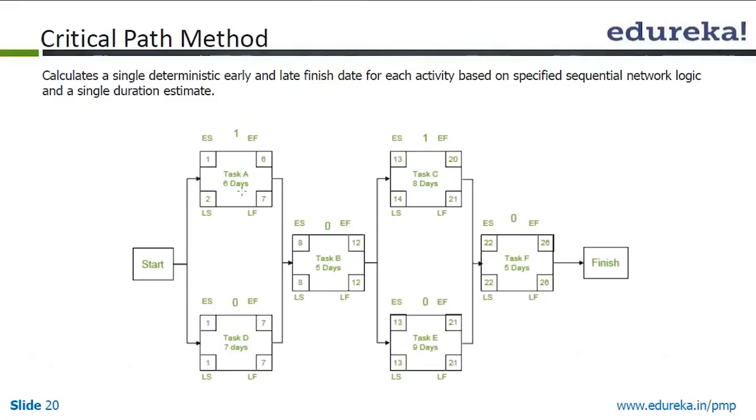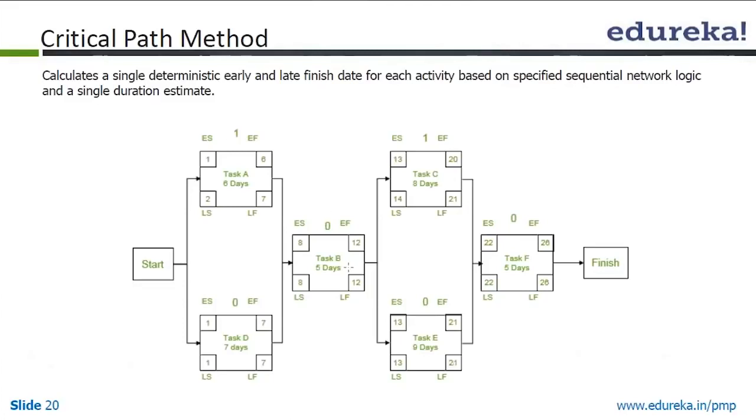So this task will be completed at the end of the 6th day. Similarly, for the parallel task we calculate 7 plus 1 is 8, minus 1 is 7.